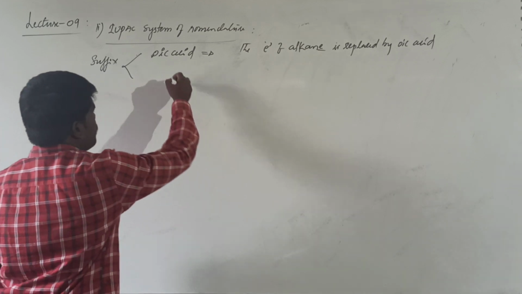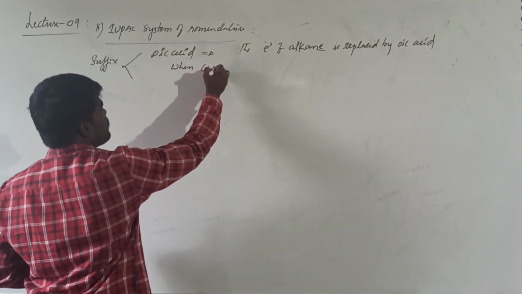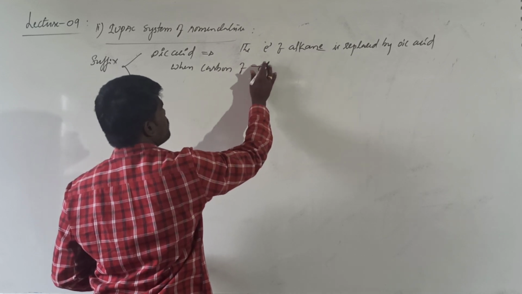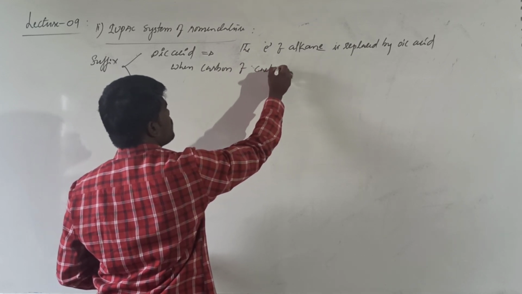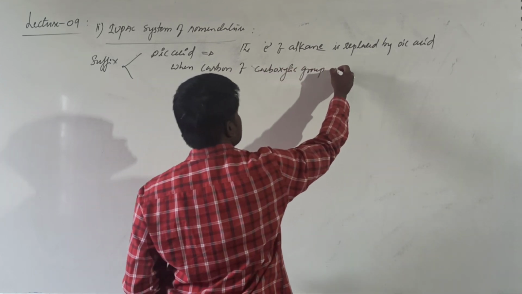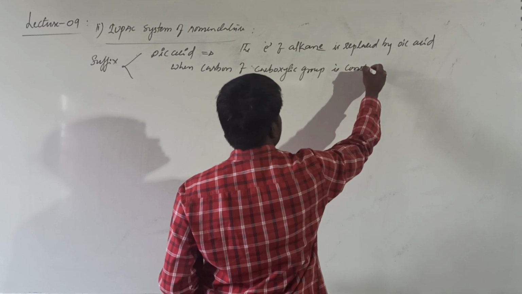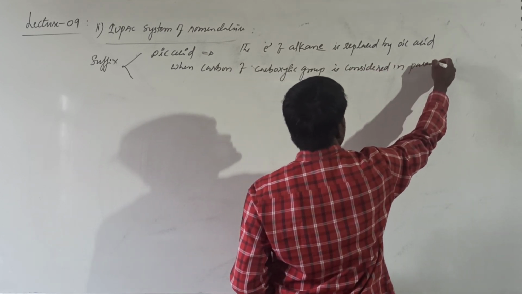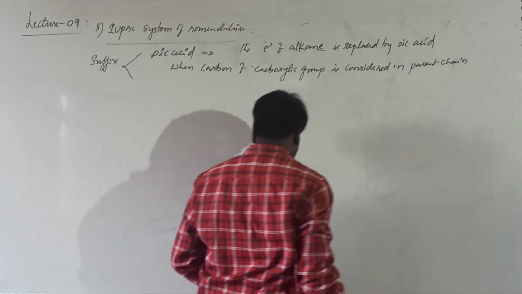This is used when the carbon of the carboxylic group is considered in the parent chain.